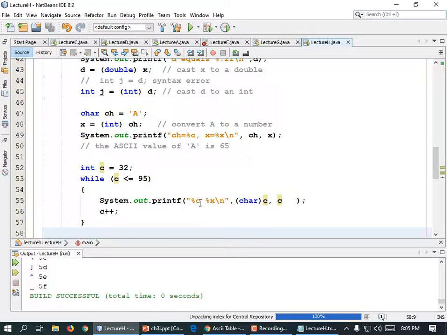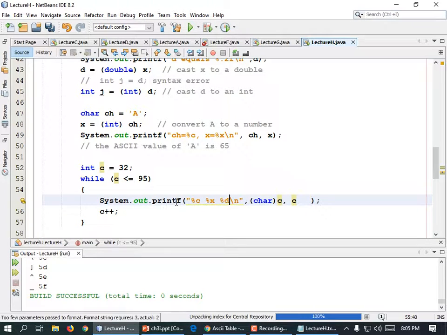Let's print it out 3 times. Let's print it out by its hexadecimal value and its normal decimal value. So I'm going to change this to %c space %x space %d. And then for the placeholders, comma, parentheses, char in parentheses c, comma, c, comma, c.